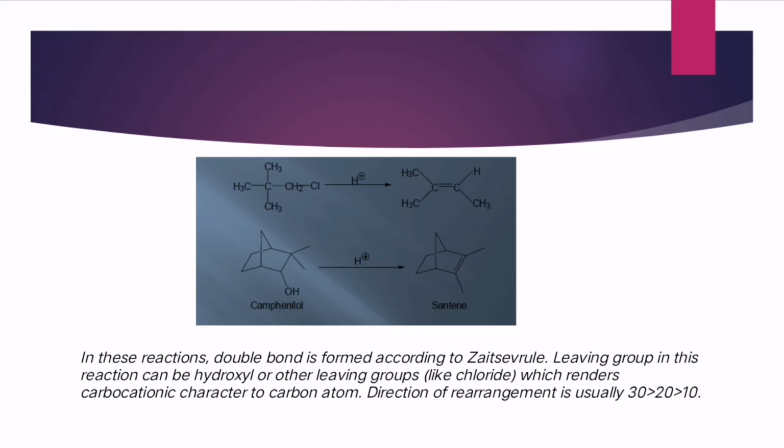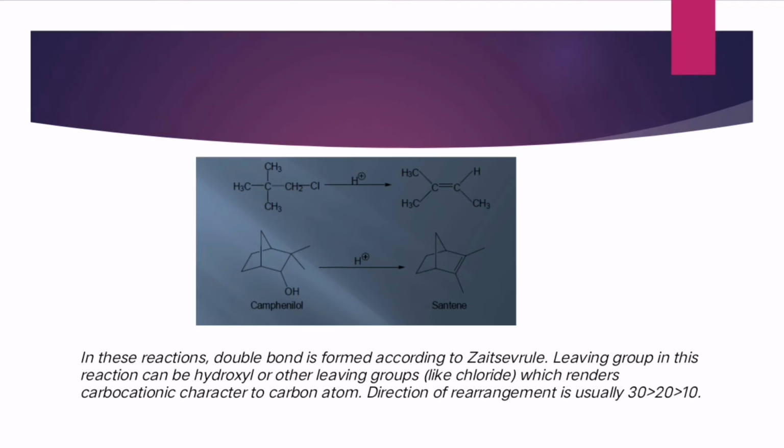So we have this reaction which is mentioned above. We have an alkyl halide. After protonation, HCl is going to be removed, and this carbocation is going to be a primary carbocation.